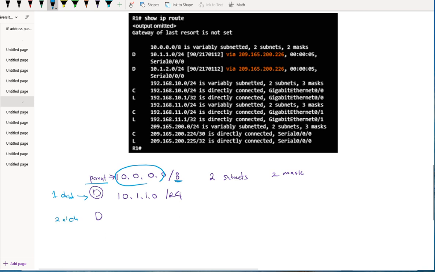And they learn this route from the dynamic routing protocol.